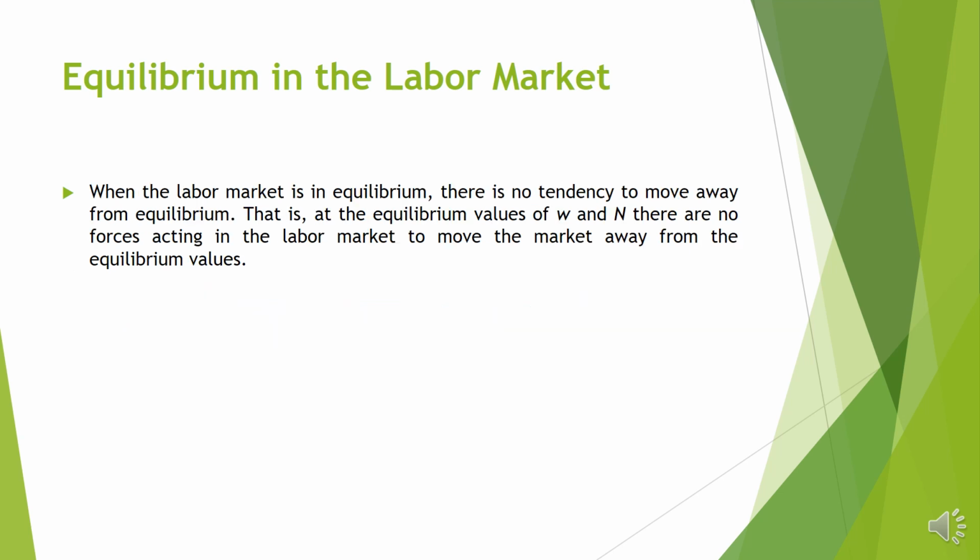When the labor market is in equilibrium, there is no tendency to move away from the equilibrium. That is, at equilibrium values of wages and employment, W and N, there are no forces acting in the labor market to move the market away from the equilibrium value.